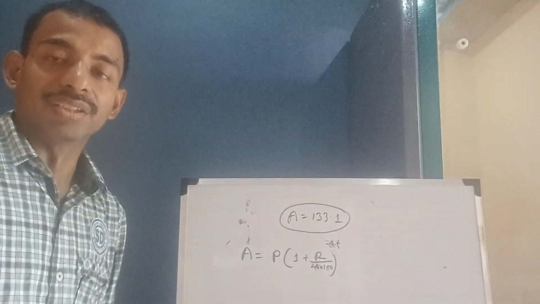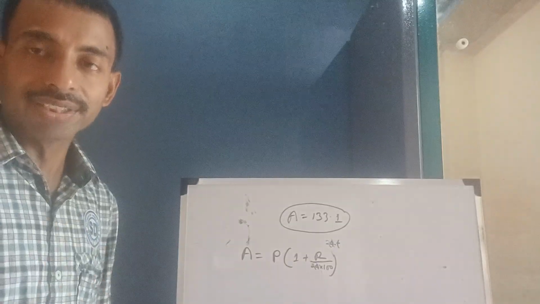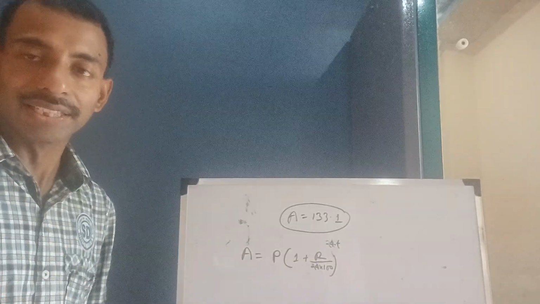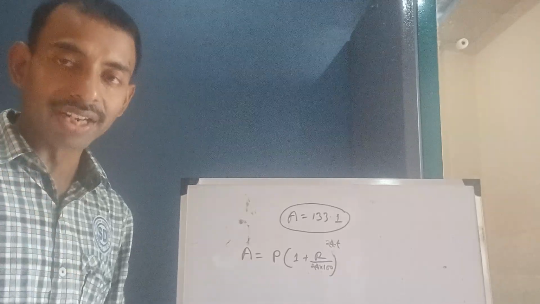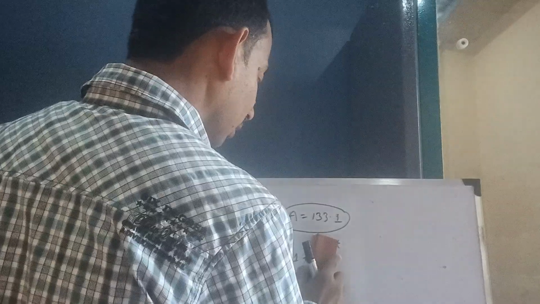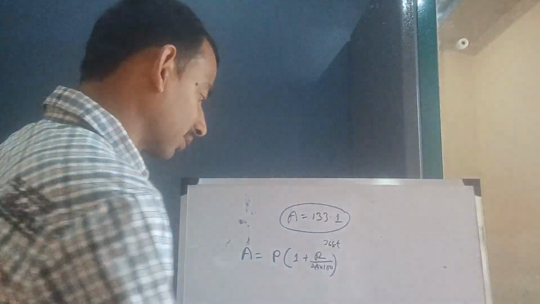If it is mentioned daily, then in a year there are 365 days, and for a leap year 366 days, so it would be 365 or 366 according to leap year or not.